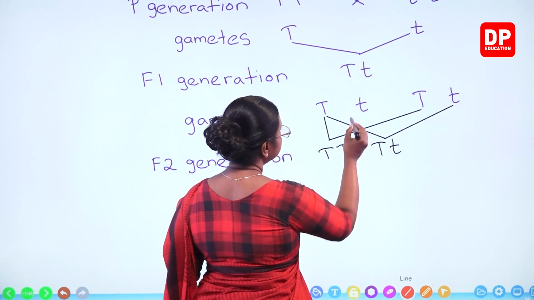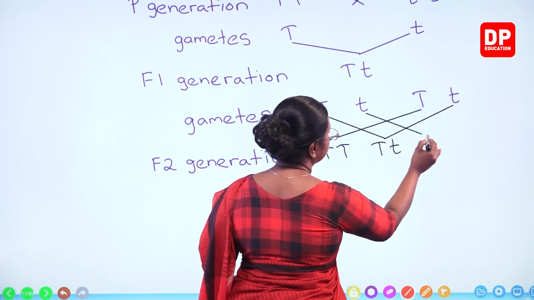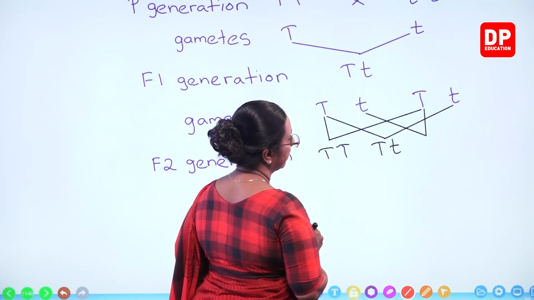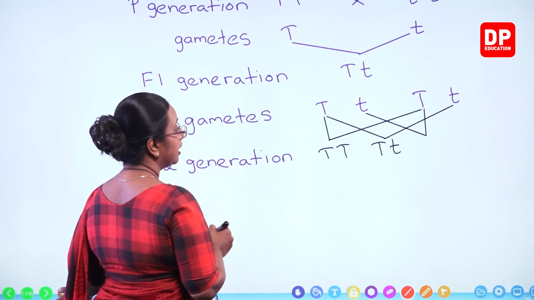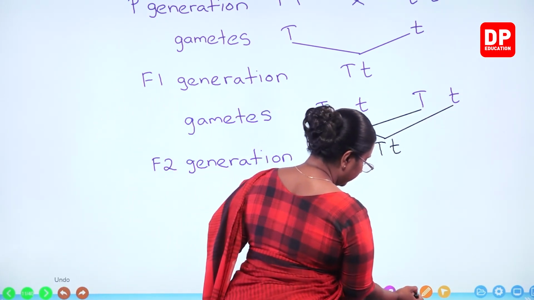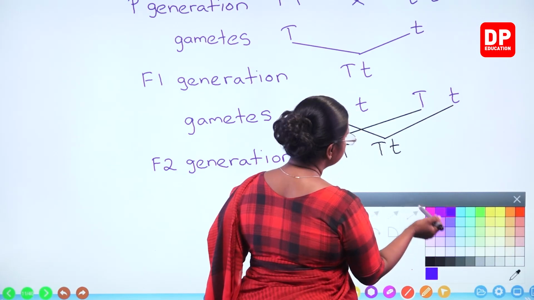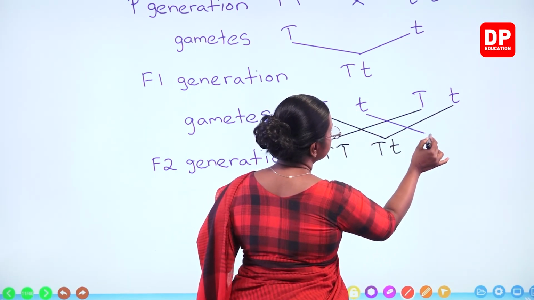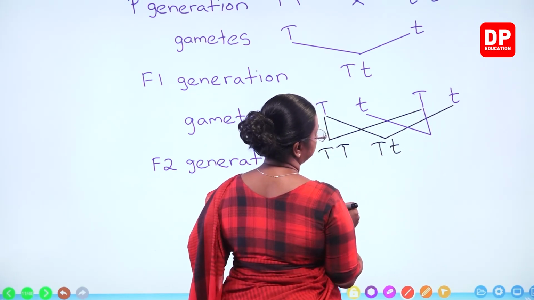Then we have this factor, short factor, combining with the tall factor there. I will use another color, like I said, then it's easier for you all to understand. This combining with this one.